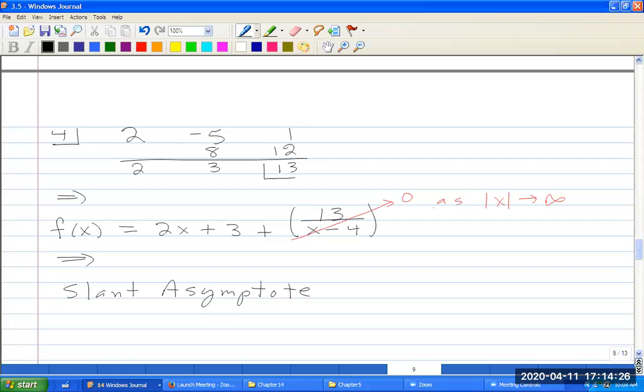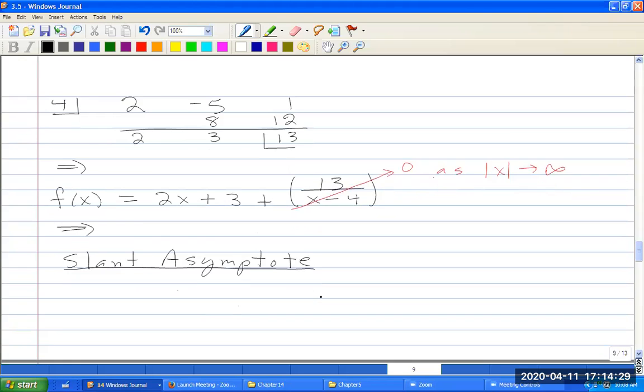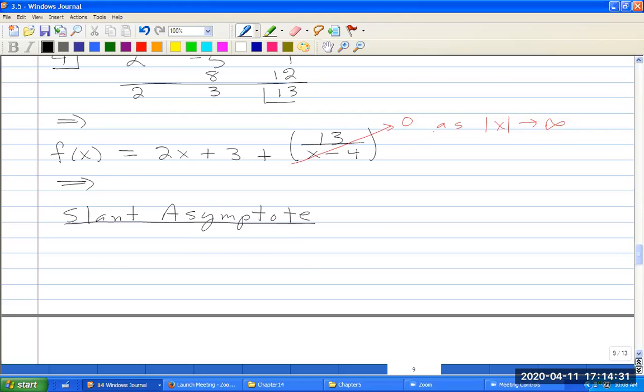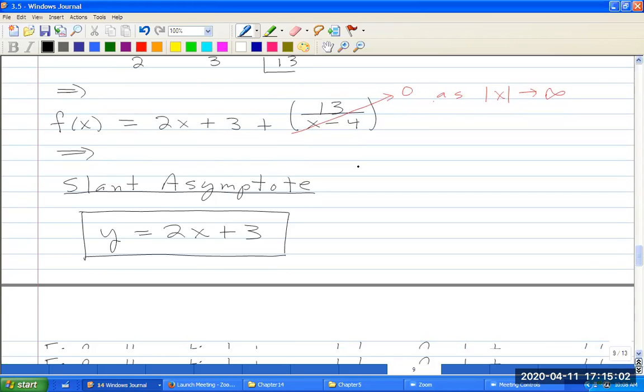So my slant asymptote is just y equals 2x plus 3. Notice that the other part is my vertical asymptote. And so as x goes to 4, this other part tells me what the function should look like near x equals 4. It looks like 11 plus 13 over x minus 4 near 4.